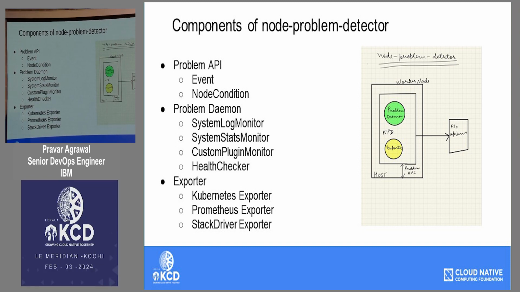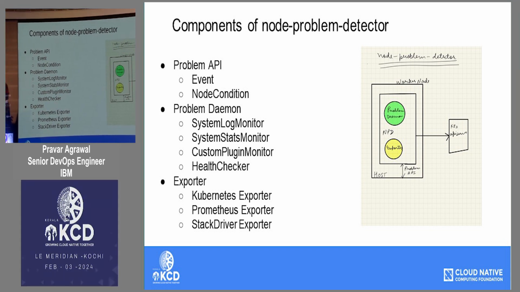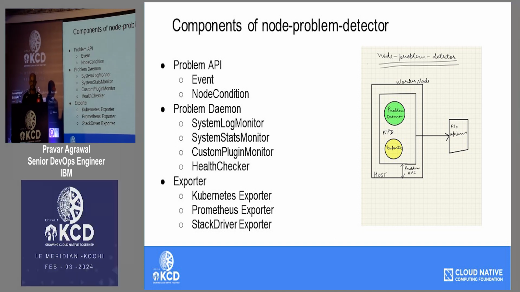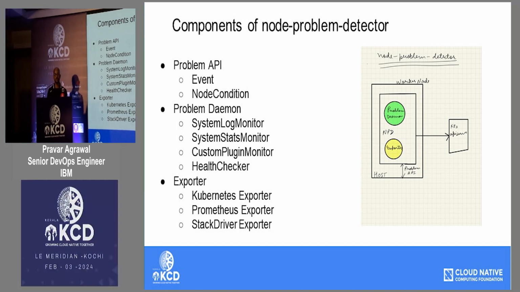This is a representation of it deployed as a daemon set inside a Kubernetes cluster. If you see, the problem daemon and the exporter are the main components referred to in the image, running inside the NPD pod, and it is sitting on a host or the worker node.